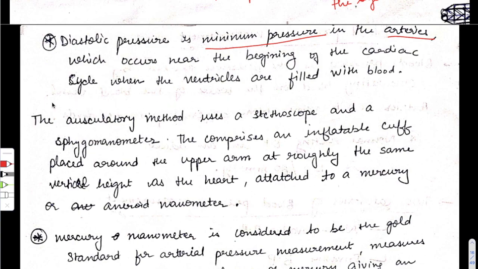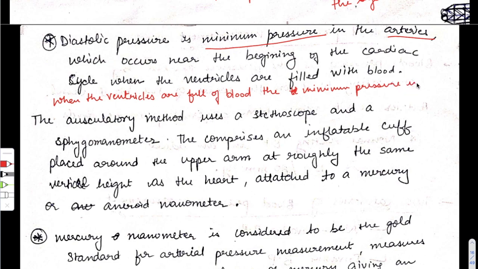So when the ventricles are full of blood, the minimum pressure in the arteries is called the diastolic pressure.